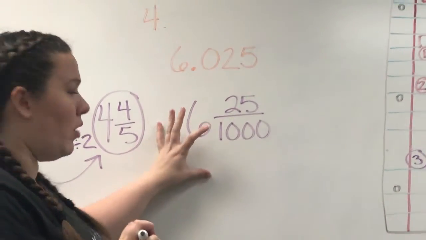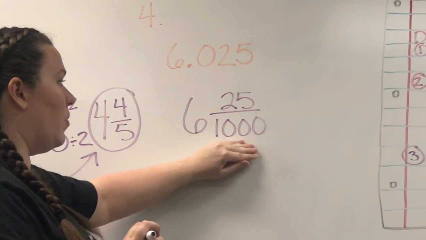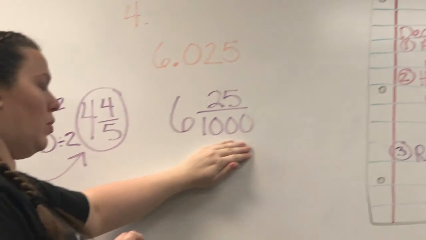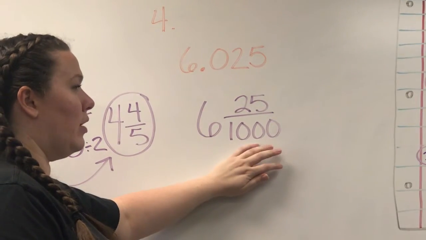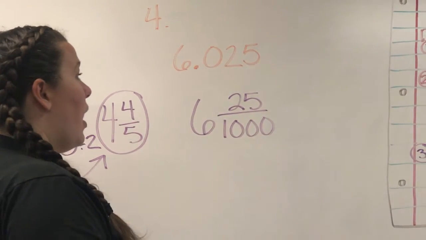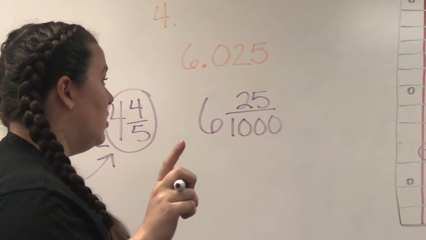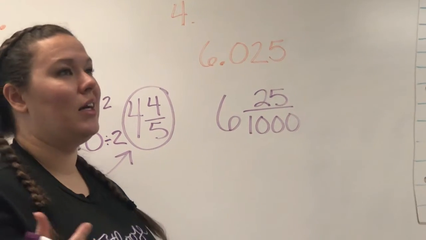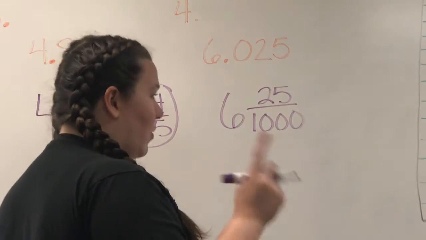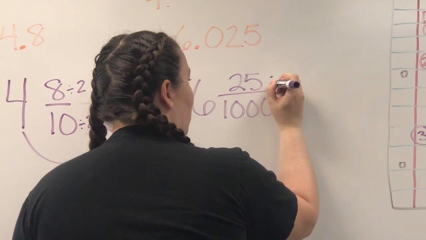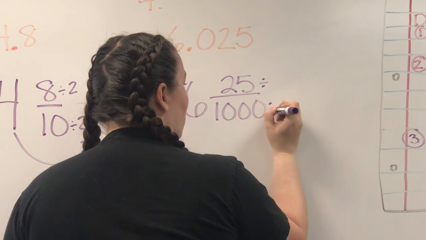We kind of ignore the whole number right now, but we're working with this. 25 and 1,000. That's a really big number. I know that I can divide by 5. I know that I can also divide by 25. But you want to know what? I'm going to show you a longer way. Maybe it helps you out.